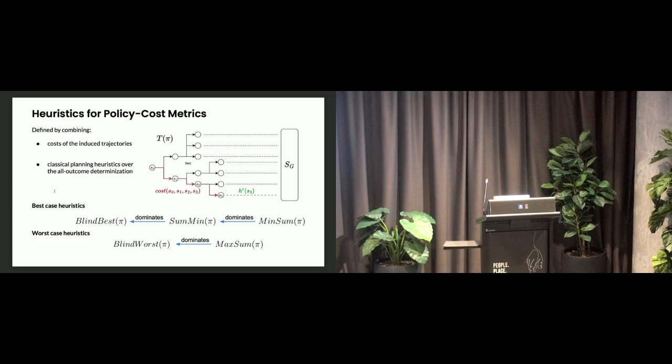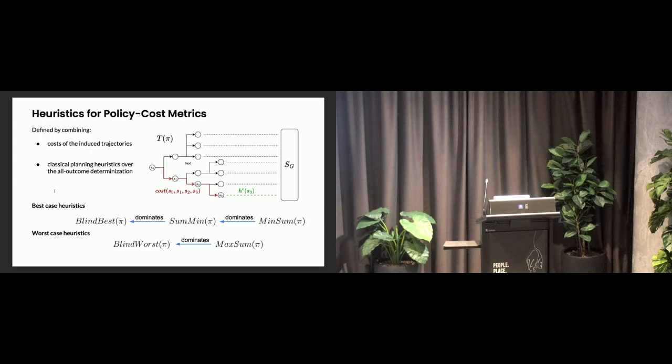We have the cost of the trajectories, and from the terminal state of these trajectories, we use a classical planning heuristic, such as hmax or hadd, to estimate the cheapest cost to the goal. Depending on how you combine these two, you get different heuristics.